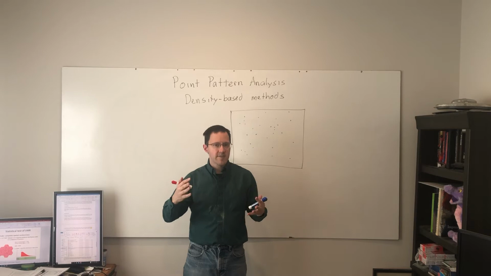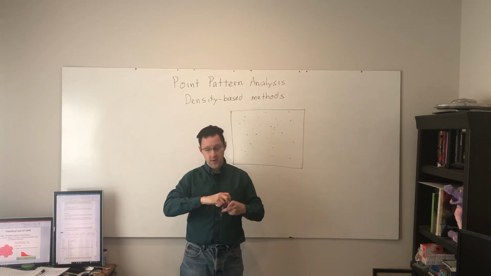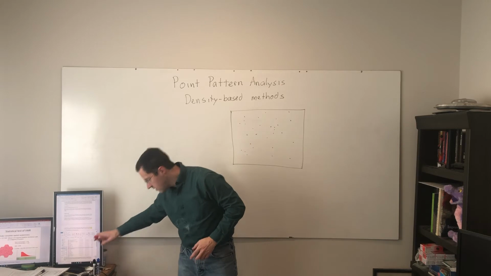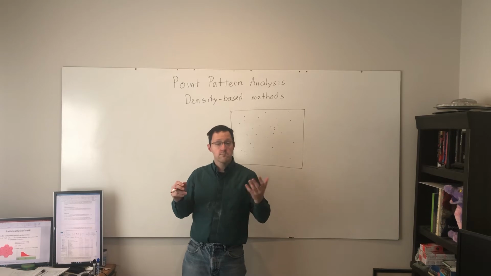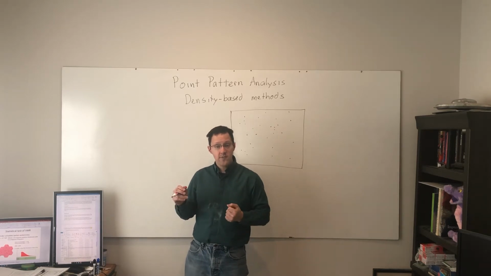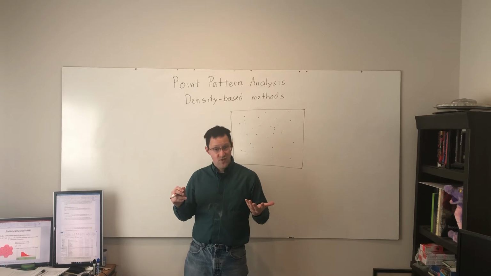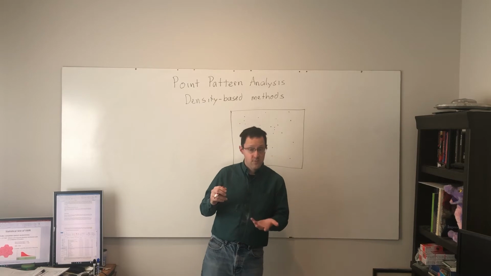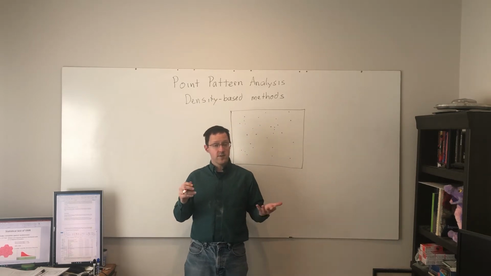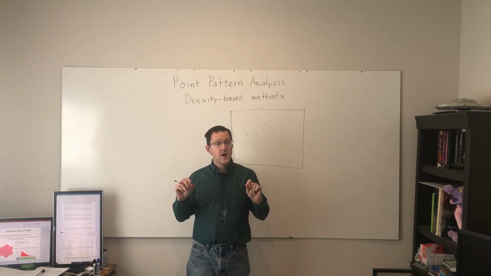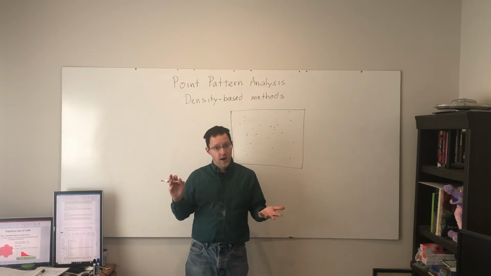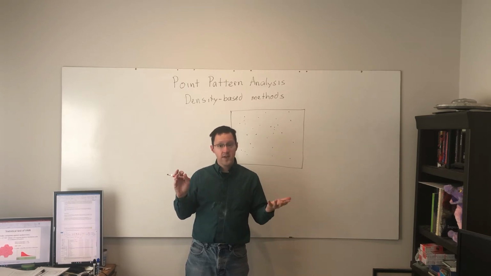To look at the density of the points within the study area, we basically divide that into equally sized quadrats. They're frequently small squares or rectangles, but they don't have to be rectangular. They just have to be a regular tessellation of the study area. Most often, for simplicity, it's a grid, but I have seen hexagons used as well.